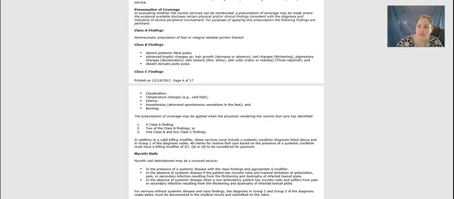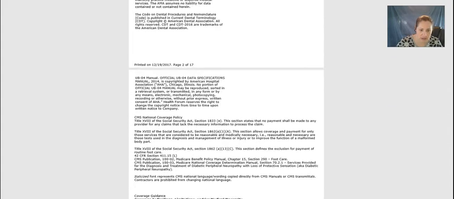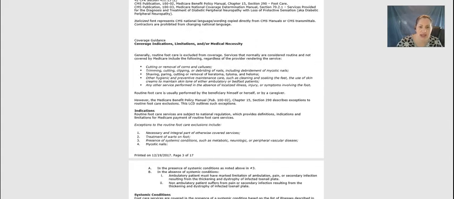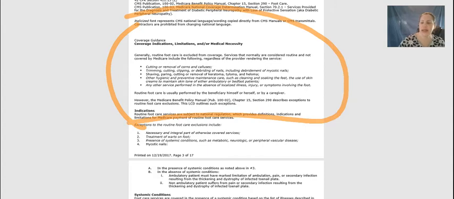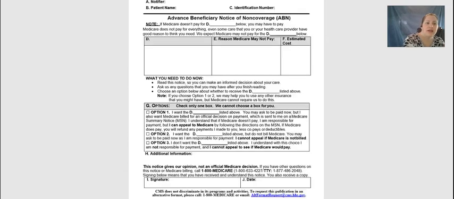Okay. So, when we read this routine policy, we have determined that our patient falls into this routine care and Medicare is not going to cover this. Great. Our patient has to pay for it. But our patient has to fill out an ABN.